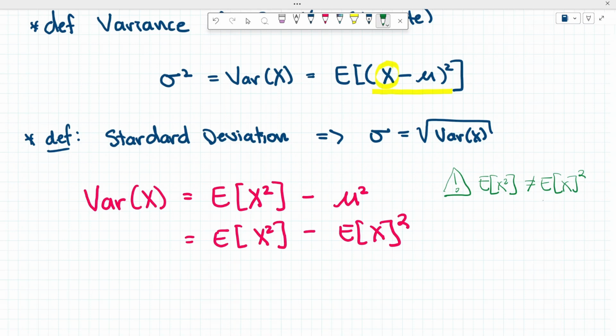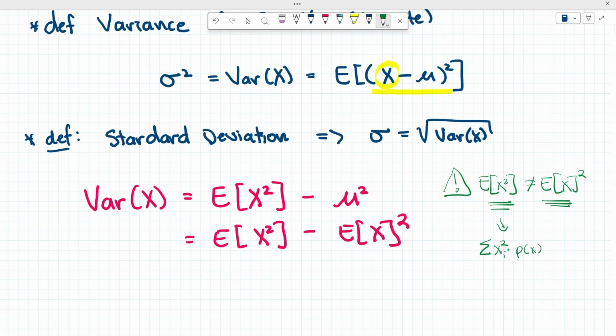For this one over here, we find the expected value and then we square it. But for this definition here, we actually have to change our fundamental definition for expected value. Instead of taking the sum of x multiplied by p of x, we take x squared multiplied by p of x.